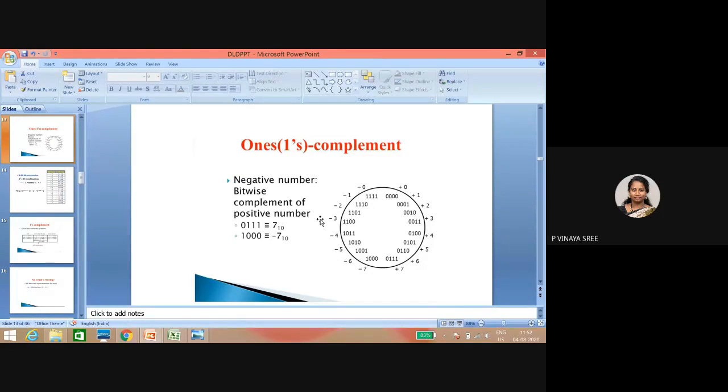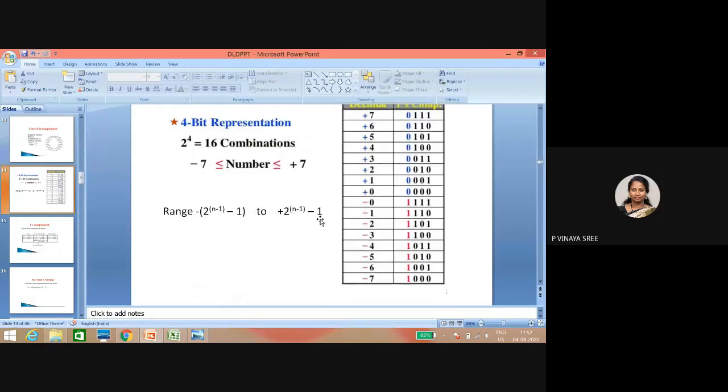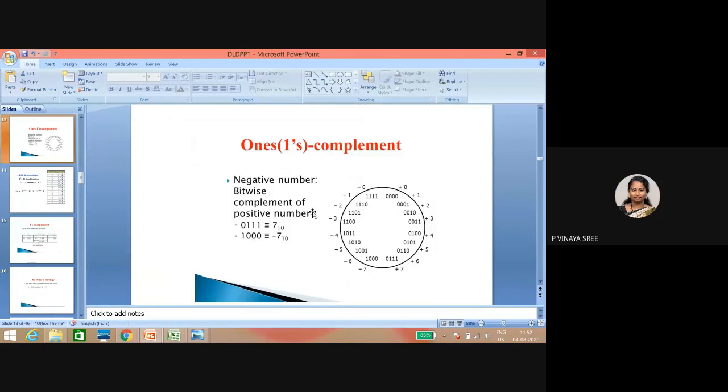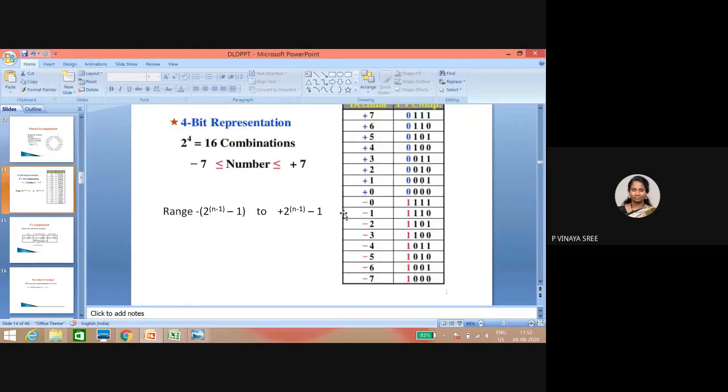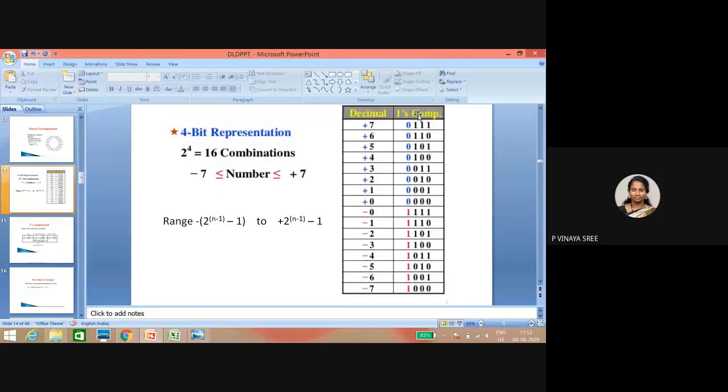See here, I have taken 4-bit combinations, but if you consider it this way the representation is complicated, so you can represent it in this way. First write down the plus representation and minus representation.